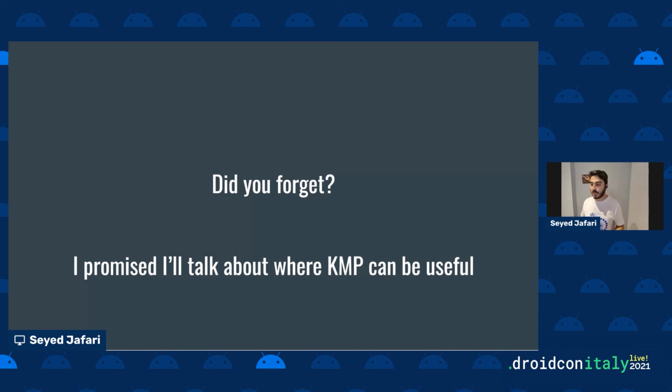the effort of introducing KMP to greenfield is almost zero, because you just have to move your code and organize it in a different way. That's it. And use different tools if you're not already using them.